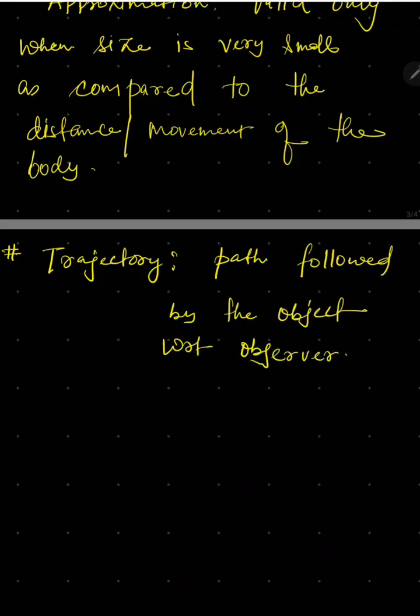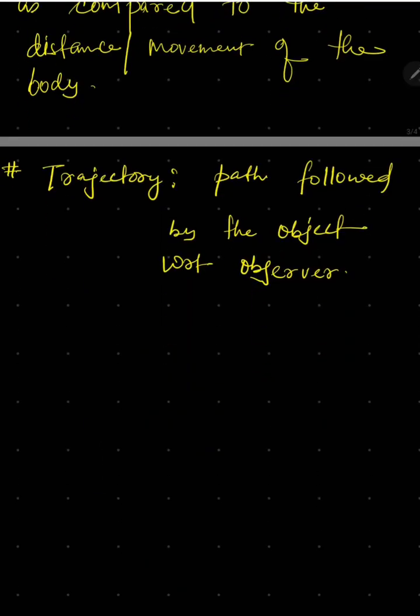Again, the observer is important since the path can be different for different kinds of observers. So remember this. All the terms are now finished up to trajectory. Now we will move to some important physical quantities in the next few minutes.